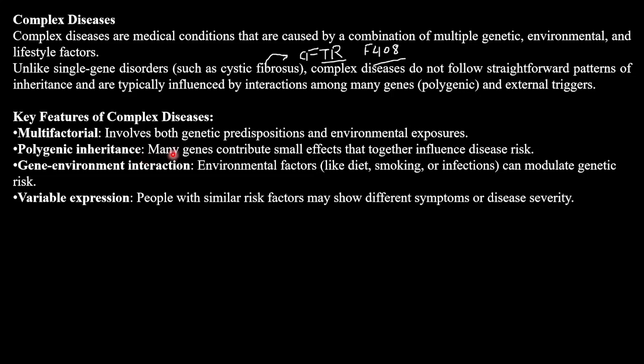Polygenic inheritance: many genes contribute small effects that together influence the disease risk. So every gene has a small amount of effect on the disease. Gene-environment interaction, like diet, smoking, infections, can modulate the genetic risk.